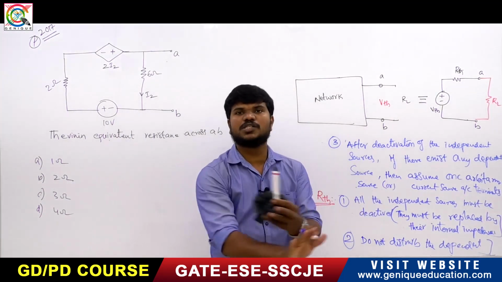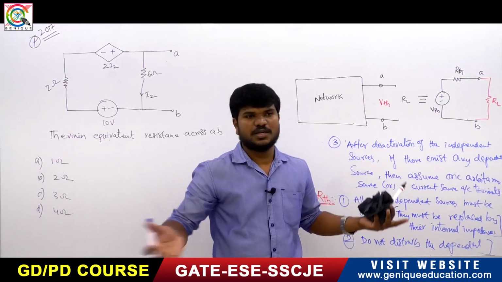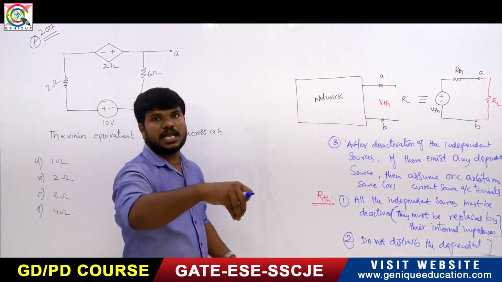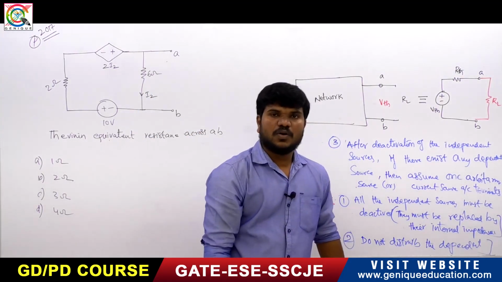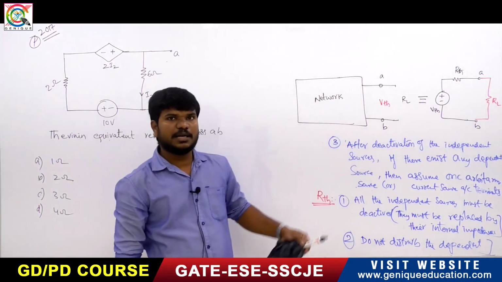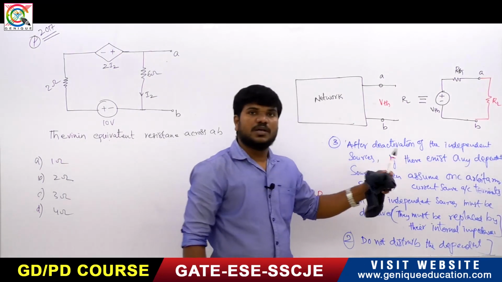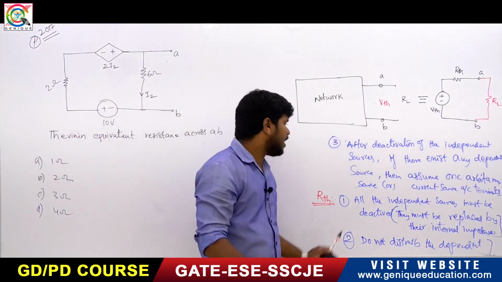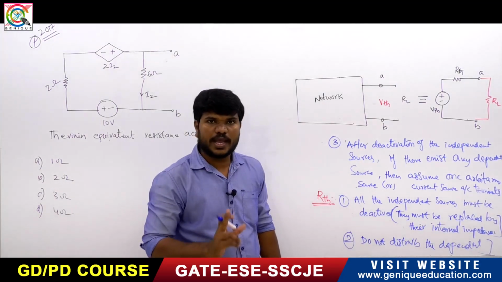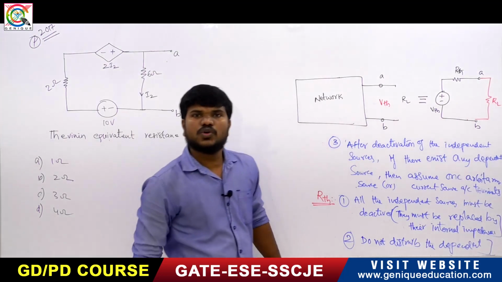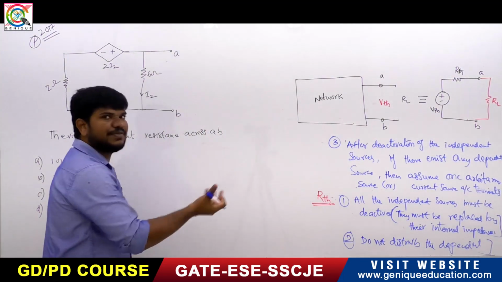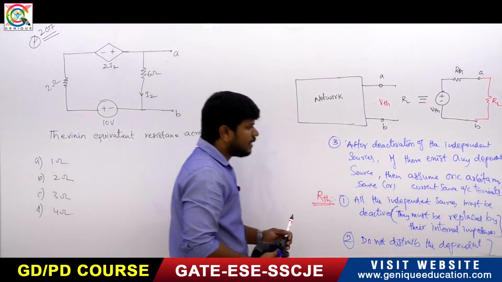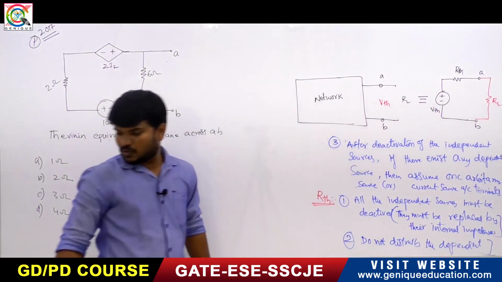If there is no dependent source, no matter, there is no question, so directly you can simplify the network. Otherwise, you have to assume one auxiliary voltage source or current source, and after that you can use the nodal or mesh analysis, whichever makes it simpler to get the answer. So this is the thing you have to identify.